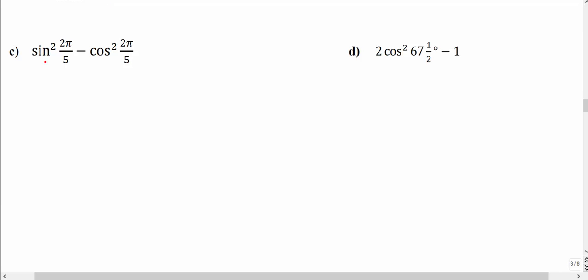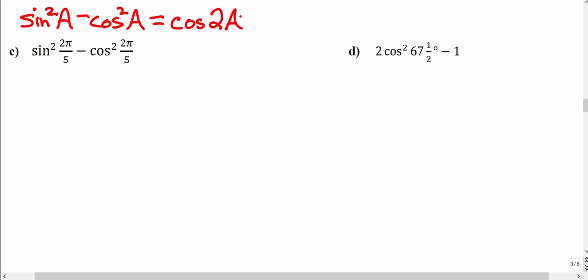For part C, we have sine squared of the angle 2 pi divided by 5 minus cosine squared of that angle 2 pi over 5. They have the same angle, so we can rewrite this as sine squared of that angle minus cosine squared of that angle. We see that this fits the form of one of the double angle identities for cosine.